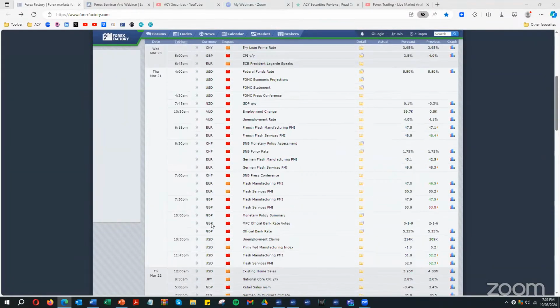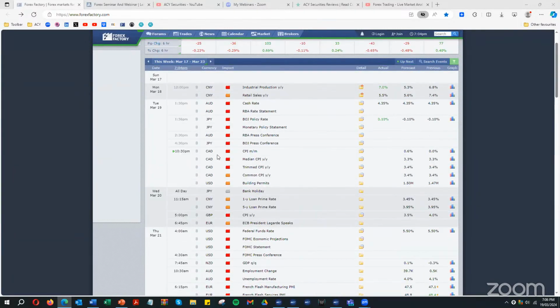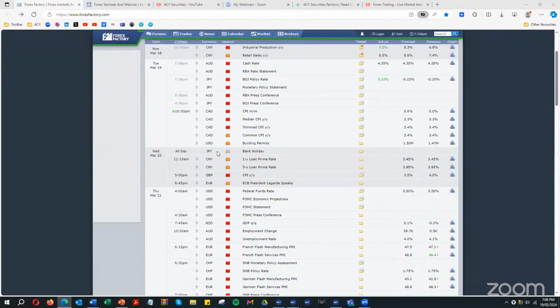As well, we have US unemployment claims and the UK monetary policy statement interest rate decision. So lots going on over the next few days. Make sure you're at least 24 hours up to date about what's coming out. The big one at the moment is from Canada this evening, UK CPI data, 5 p.m. tomorrow. Okay. The market's going to be starting to preempt what they think these central banks are going to be doing over the next few days.